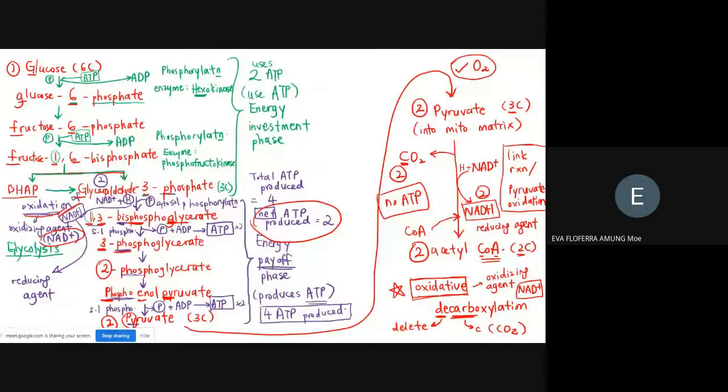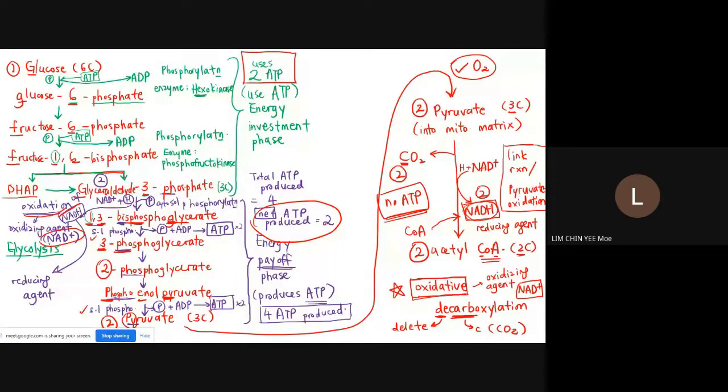Good, Miss. Yes, Miss. And for the link reaction, there will be no ATP produced. We only have NADH. 2 molecules of NADH are produced during the link reaction. Whereas for glycolysis, through substrate level phosphorylation, I am able to produce 4 molecules of ATP. But because we subtract the 2 used during the energy investment phase, I am left with only 2.